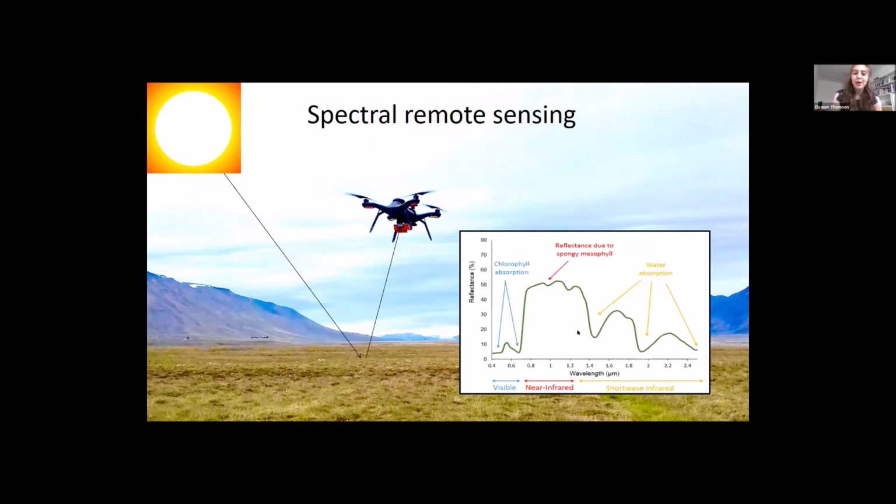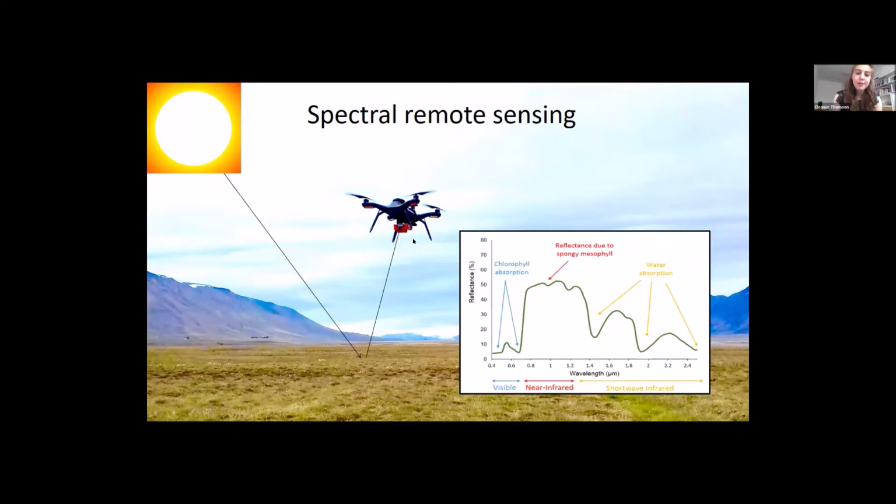And by combining all of this chemical information, we hope that maybe species have unique chemical fingerprints. So we can combine all this information to hopefully derive species information about the plants below. So that's how spectral remote sensing works. And using field spectroscopy, we can derive these really nice continuous vegetation curves, as I was saying, from about 400 to 2,500 nanometers.